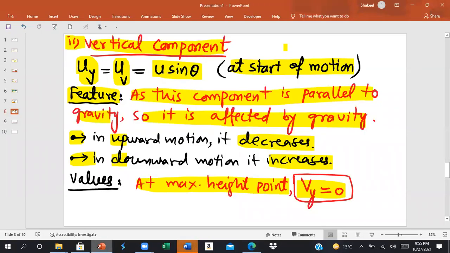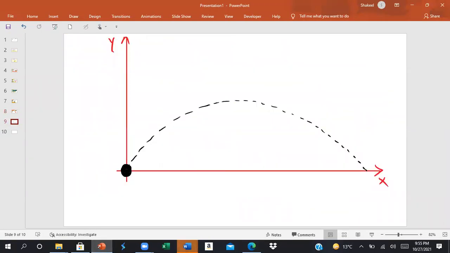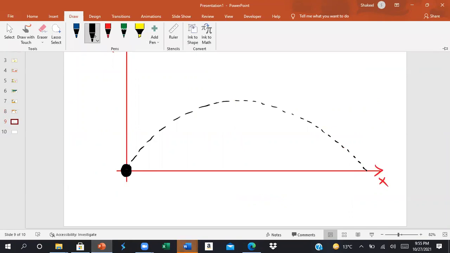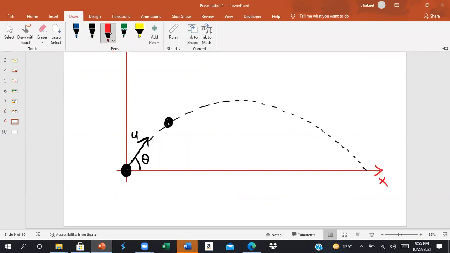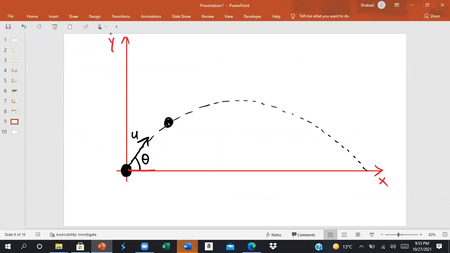Okay, now let's get back to this, and let me redraw it over here for you. This is the object, and let's say it is projected with a velocity u at an angle theta, and it reaches this point. At the start, its horizontal component is like this, uh, and this is the vertical component.